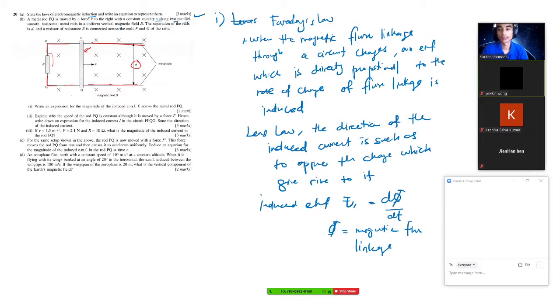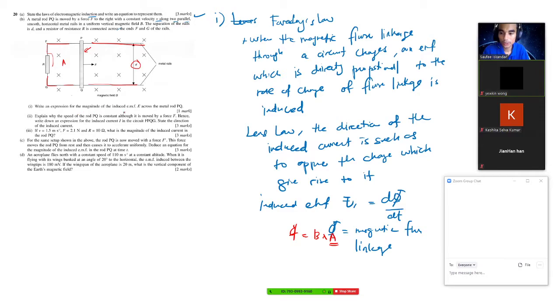Remember, flux equals B times A. So A is changing in this situation. This is the A. Because A is changing, we have an induced current that flows inside the circuit.